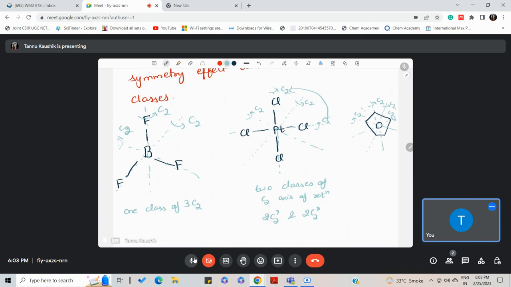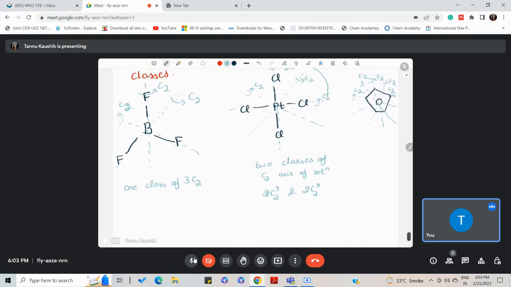So here we have 5 C2, but all of them have similar symmetry effect. So these 5 C2 axes will be in one class.